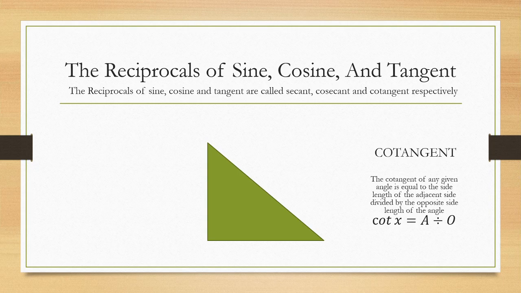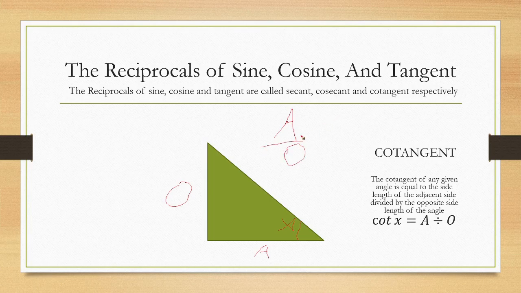And we know that tan is the reciprocal of cotangent, and cotangent is the reciprocal of tan. So over here, we would have angle x, this side is equal to a, and this is equal to o. And the cotangent would be the reciprocal of tangent, which is equal to a over o.